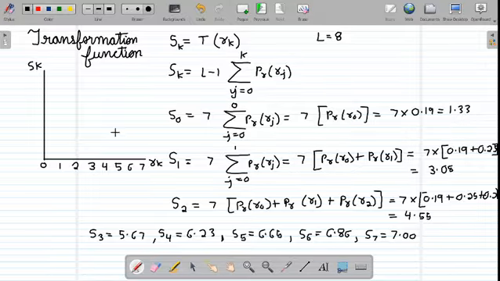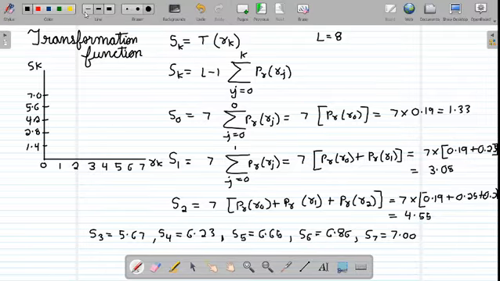Let us consider a step size of 1.4: 1.4, 2.8, 4.2, 5.6, and 7.0.